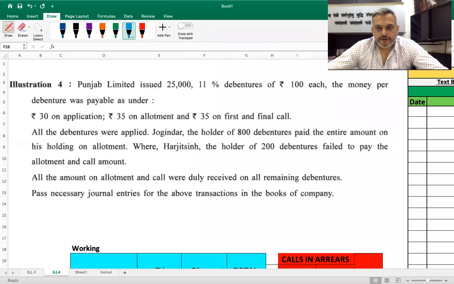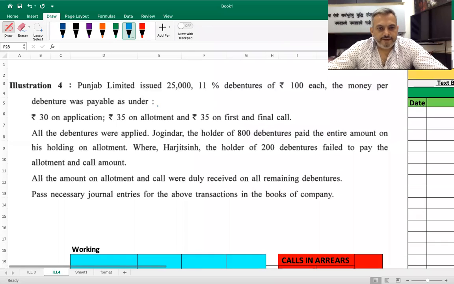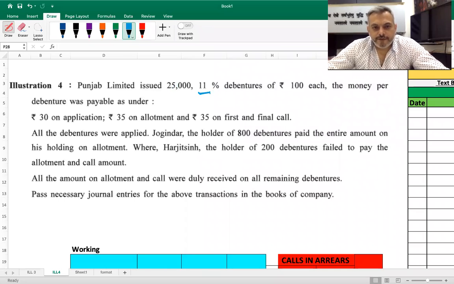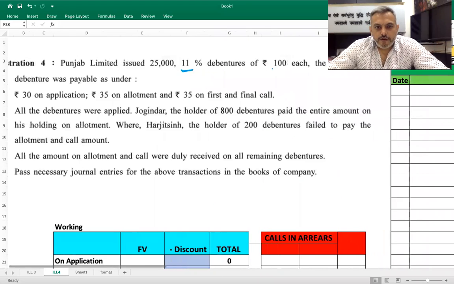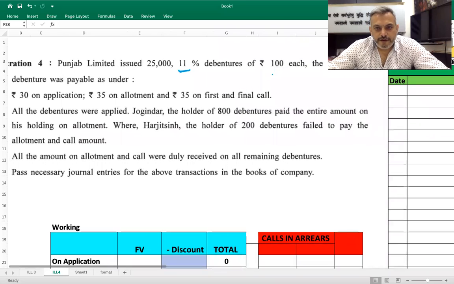Okay, illustration number 4. Punjab Limited issued 25,000, 11% debentures of 100 each. This 11% is the rate of interest.